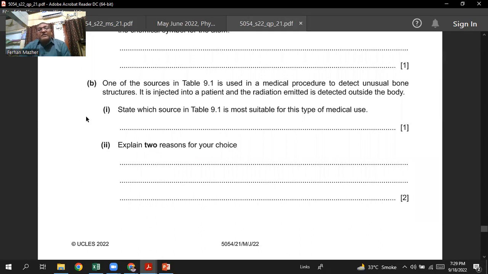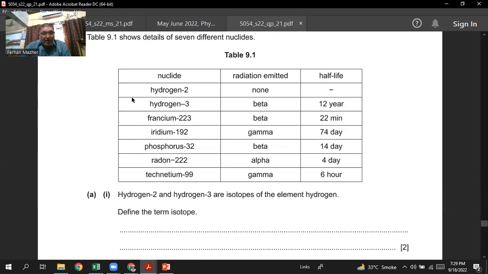One of the sources in table 9.1 is used in a medical procedure to detect unusual bone structures. It is injected into a patient and the radiation emitted is detected outside the body. State which source in table 9.1 is most suitable for this type of medical use. We are going to use a source that emits radiation which can penetrate and come out, because you have injected the liquid into the body.